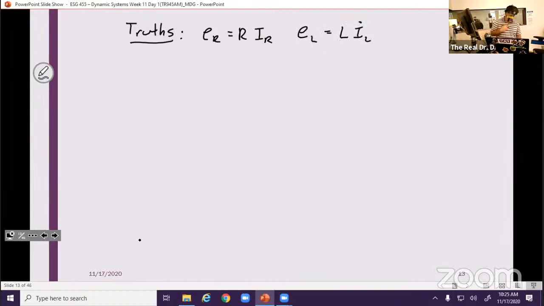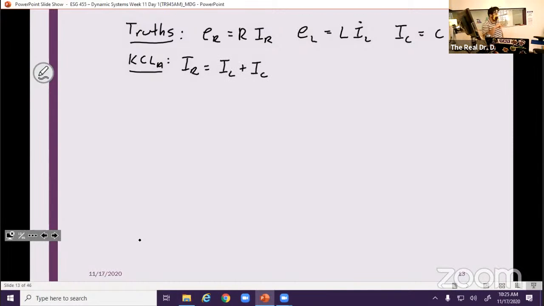So we have to use our KCL there as well. For our elements, we've got KCL at node A, which tells me that IR is equal to IL plus IC, because I have IR coming in, and IL and IC leaving.